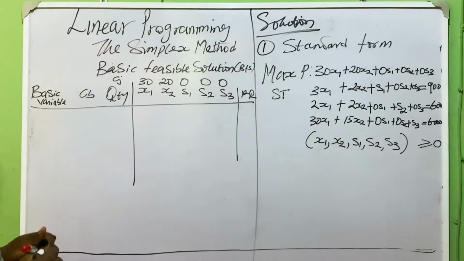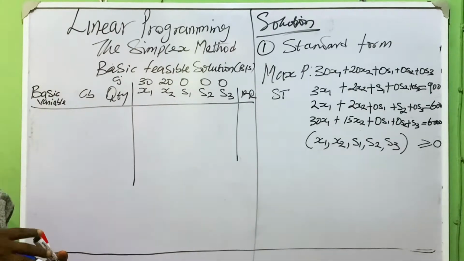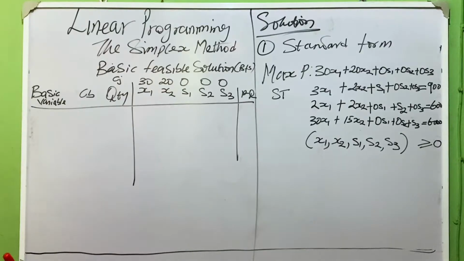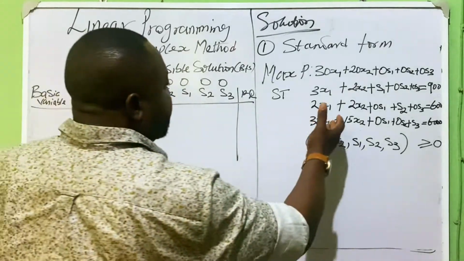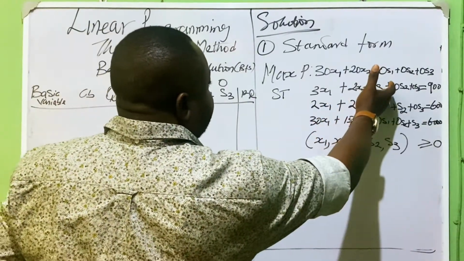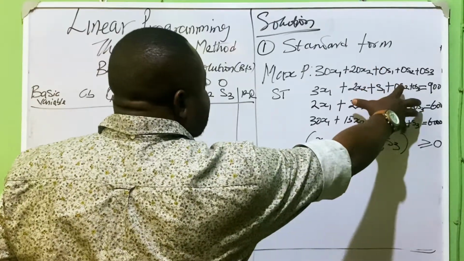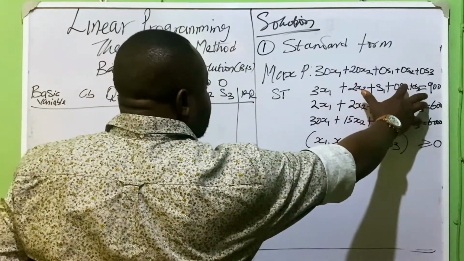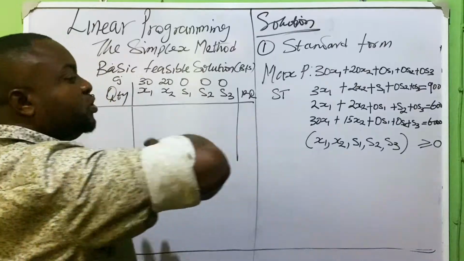Now, for the basic variables, which we have mentioned is a point of zero production, what we're going to have in the basis are the artificial variables to represent the constraints that we want to manipulate.